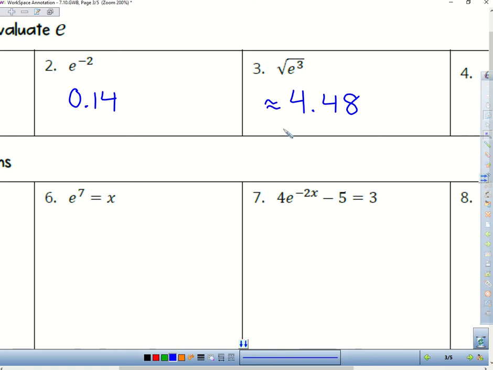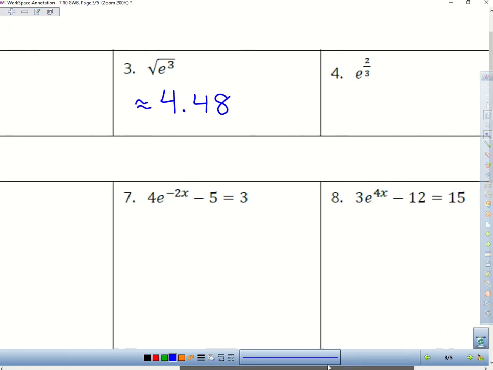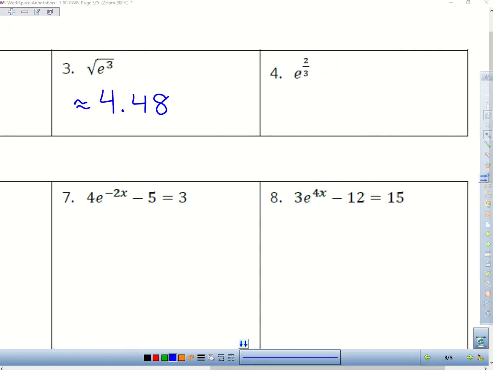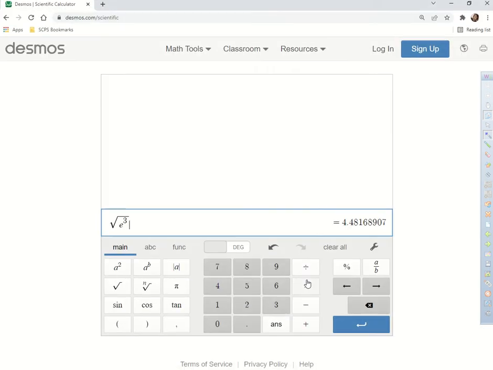And remember, these are all approximations. They are not exact values. So then we have e to the 2/3. So I go back here, I clear it out, I type in e to the power of 2/3. And I get approximately 1.95.